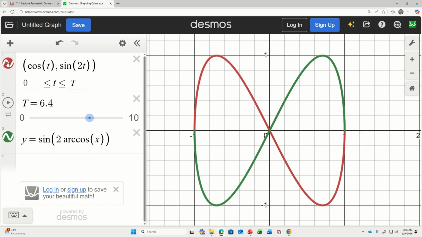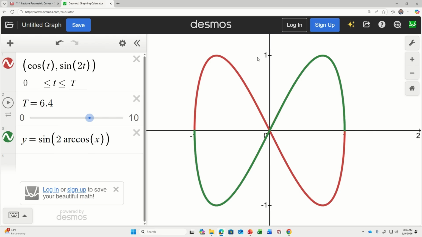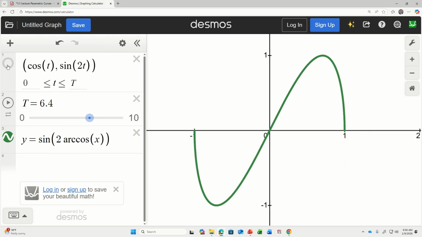So the problem is that the green curve really doesn't show you the entire story. The green curve that we found matches the parametric curve for part of it, but the restriction is this is a function, which means every value you plug in for x will only output one value for y.